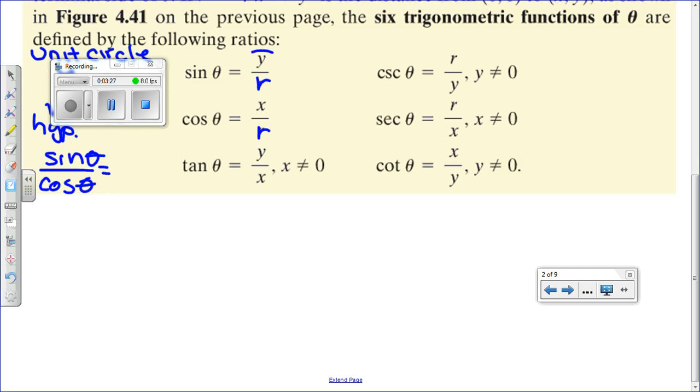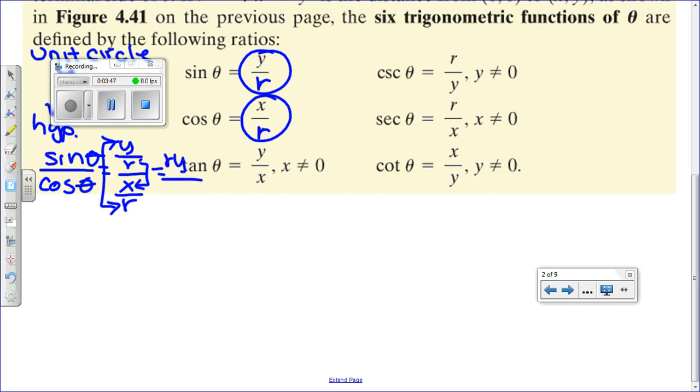So if we use the y over r and the x over r, and then we divide the fraction over a fraction, you can multiply the outer quantities, that would be ry, and the inner quantities, it will be rx. So r over r is 1, cancels, so you get y over x. And that's why this one is just the same as it used to be with the unit circle.